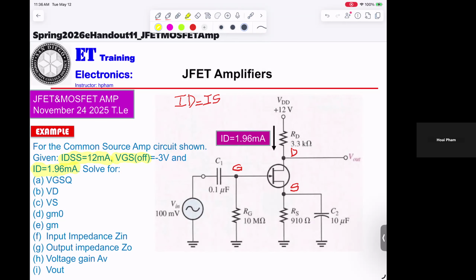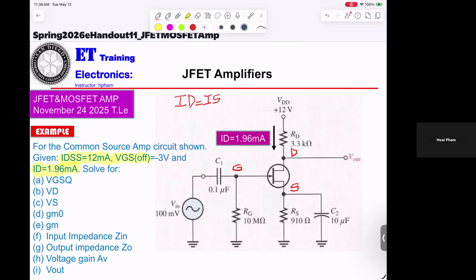Remember, this is IDQ, not IDSS, equal 1.96. They want to solve for VGS. Okay?